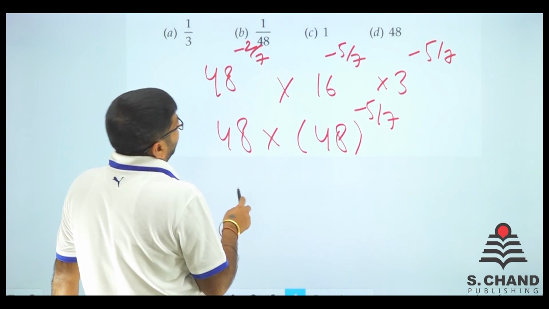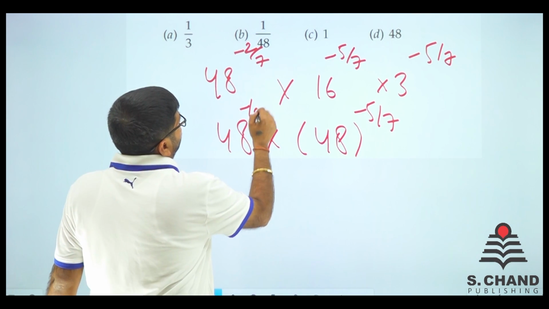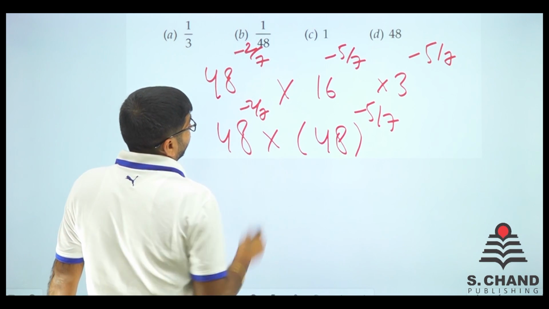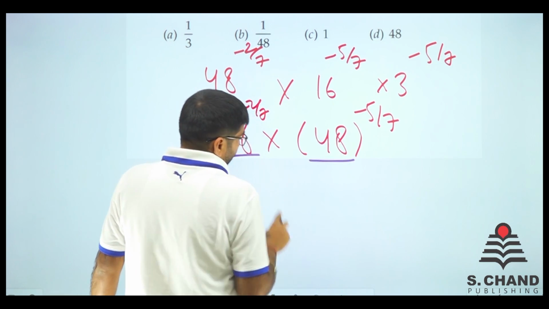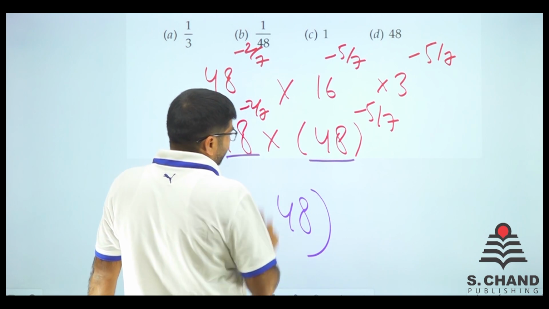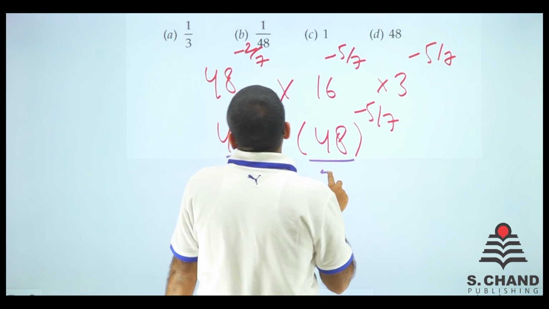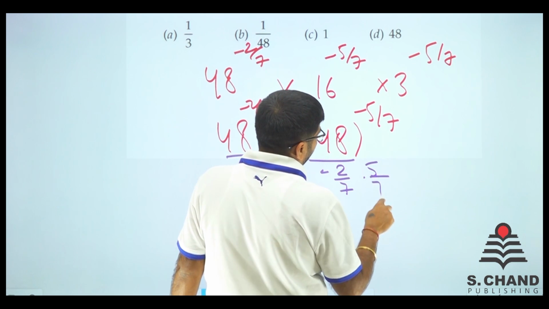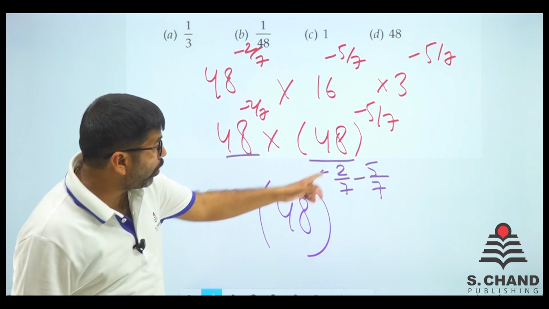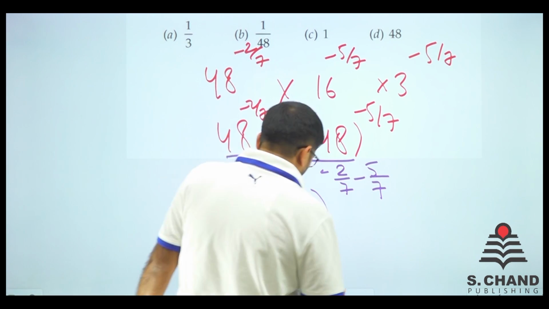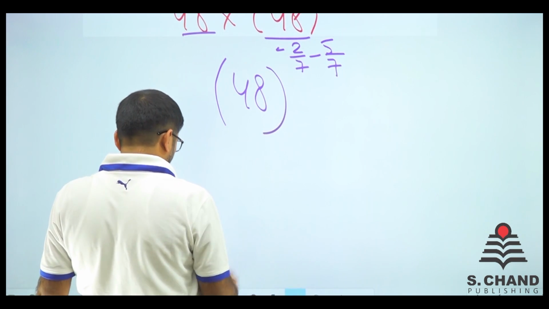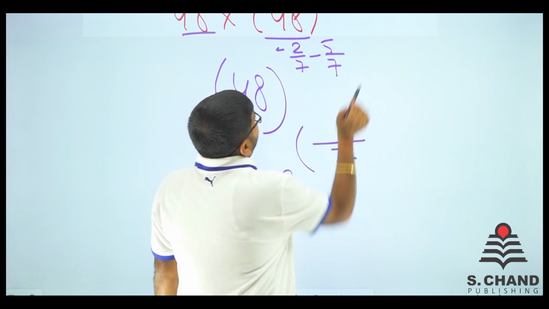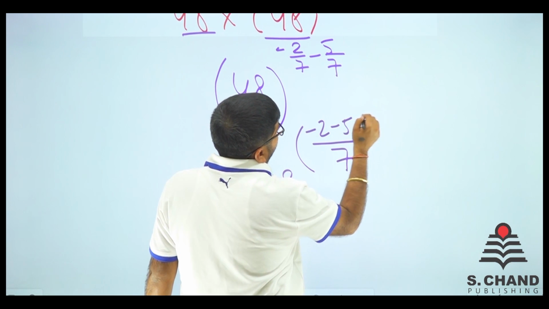Now you can see that here it is minus 2 by 7. So the base is the same, the base is 48. You just need to add the powers. So we add minus 2 by 7 and minus 5 by 7. So what I'll do is take 48 raised to power 1 by 7 common, then it is minus 2 and minus 5.